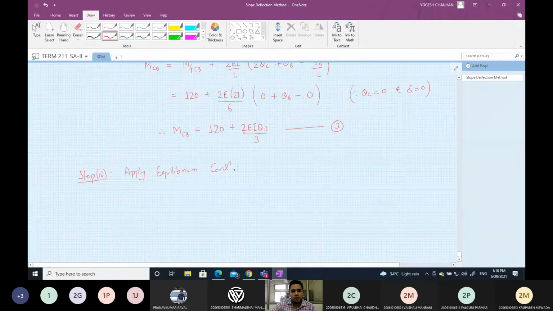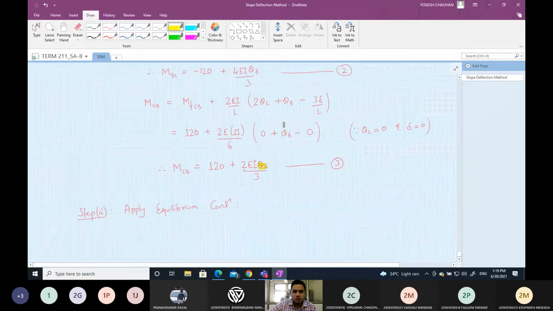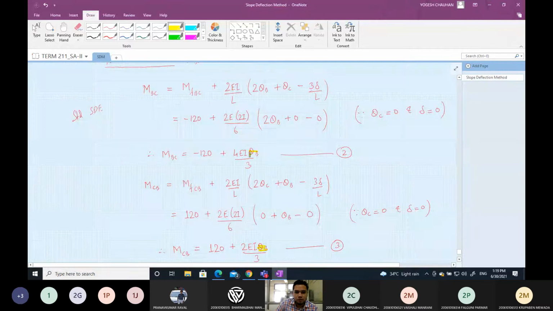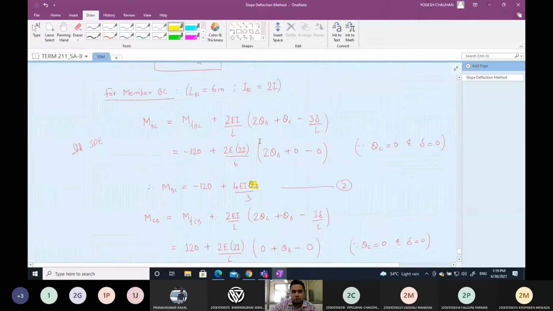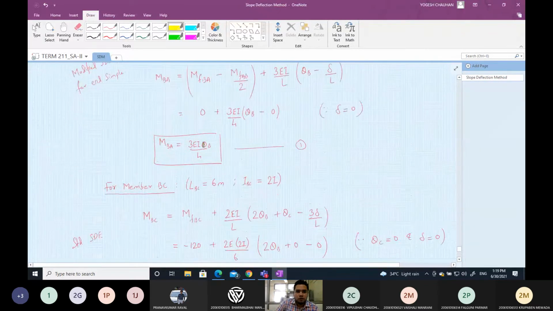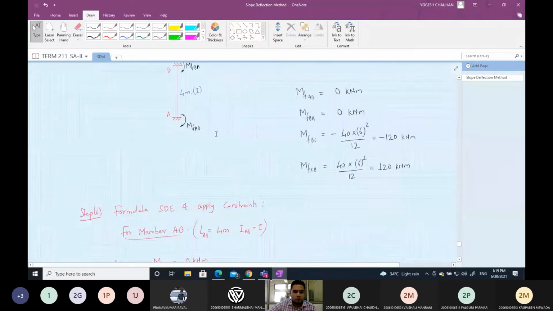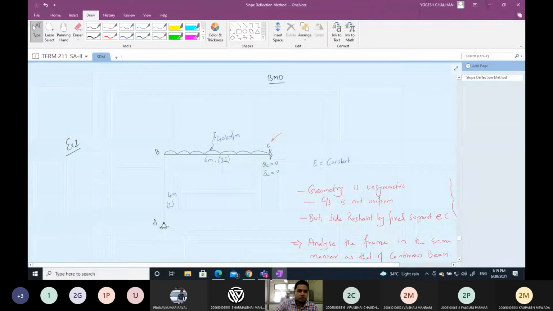Note that here we have one unknown, that is theta B. You can see all the formulated slope deflection equations are in terms of theta B. So we have one unknown, so we require one equilibrium condition to find this unknown. The equilibrium condition here would be the summation of moments at B equals 0. So the sum of all the moments at B should be equal to 0.